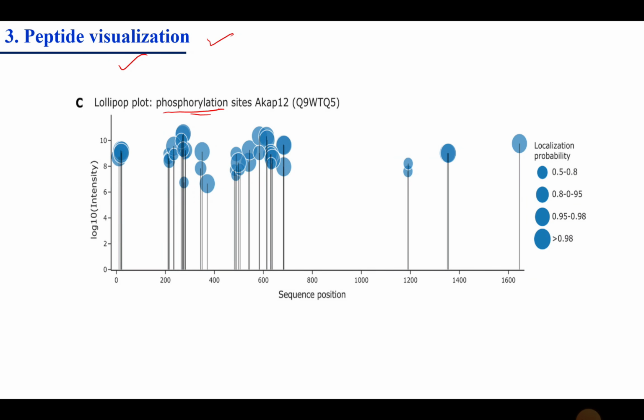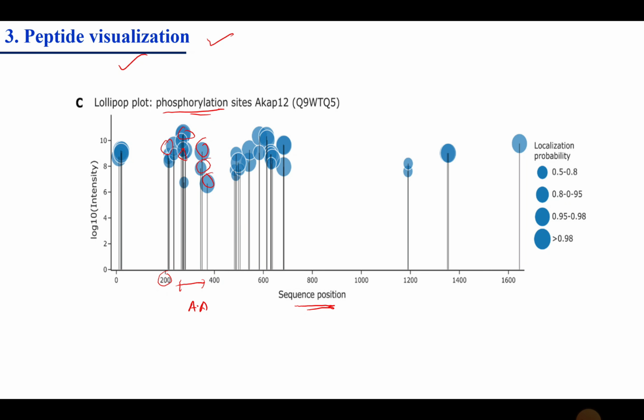So how do we achieve this? To understand this, let's take a hypothetical example. Let's suppose we have a protein whose positions are 0 to 200, and from 200 to 400 there are different types of amino acids which are being phosphorylated. Here are the different positions of amino acids which are being phosphorylated.